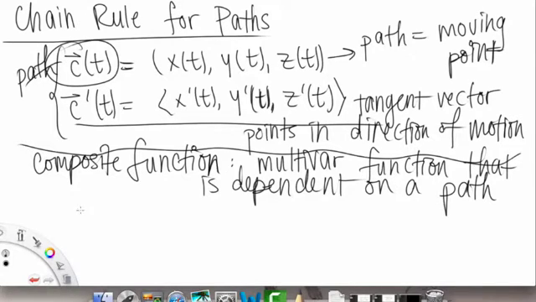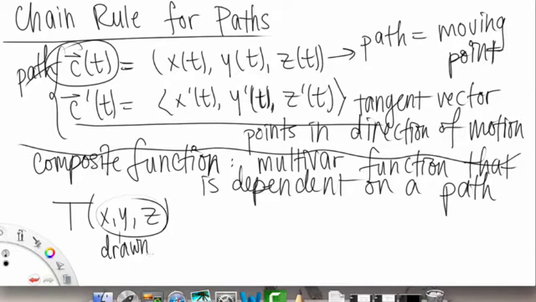So an example of a composite function would be a capital T of x, y, z, where each of these x, y, and z are drawn from our c of t. So what we get is something like T of c of t.